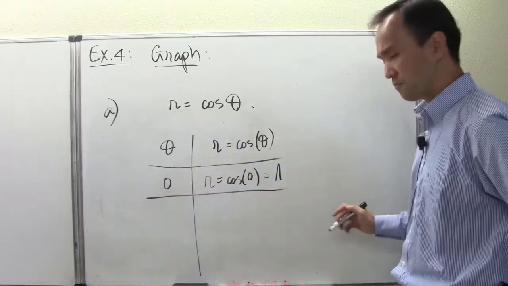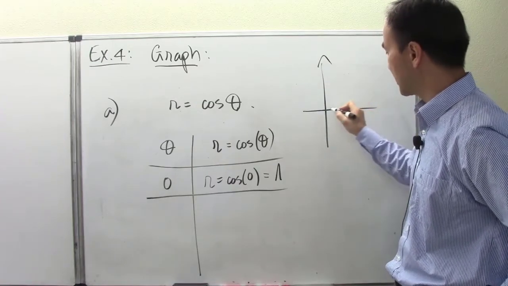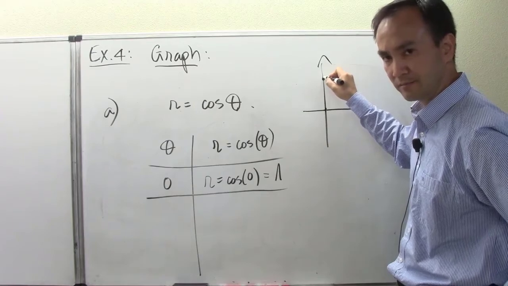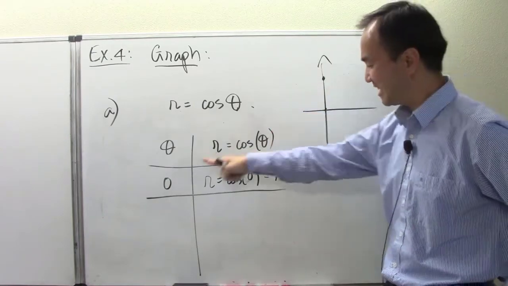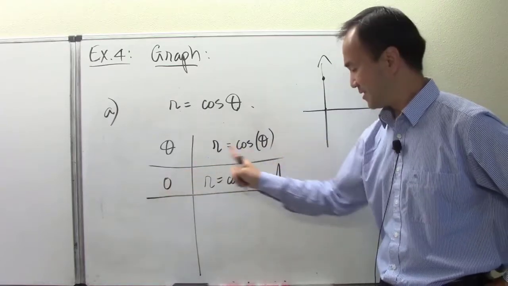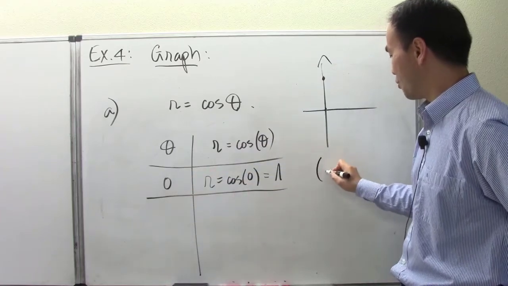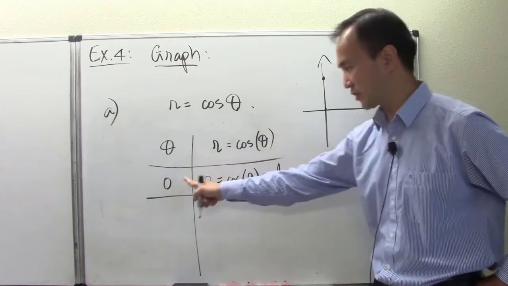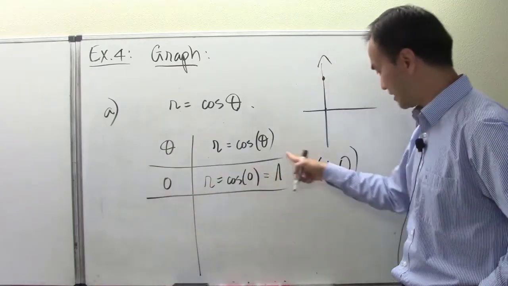But remember, this is not like 0, 1. Nope, that way was rectangular coordinates. Now we're looking at this as a pair of polar coordinates. Radius is here, angle is here, so this is really 1, 0. We gave a value, so the independent variable is on the left column, and the dependent variable is here.